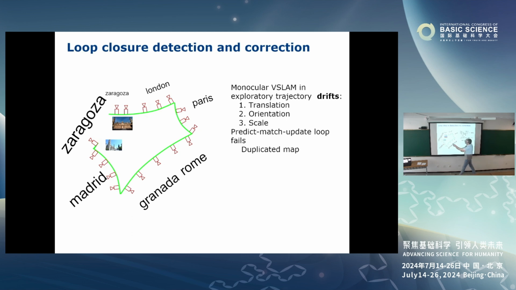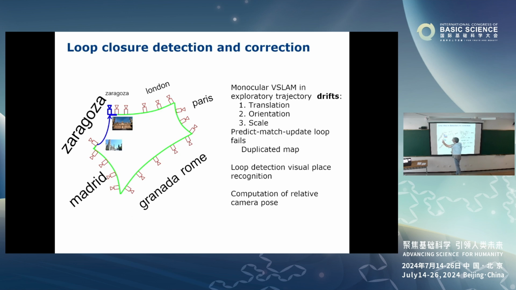Well, so the question here is that when I come back to Zaragoza, I have such a big error accumulated that the system thinks that this Zaragoza and these are different because they are located differently and because they have different size. So to correct this, we use visual localization to identify that this image and this image correspond to the same place.